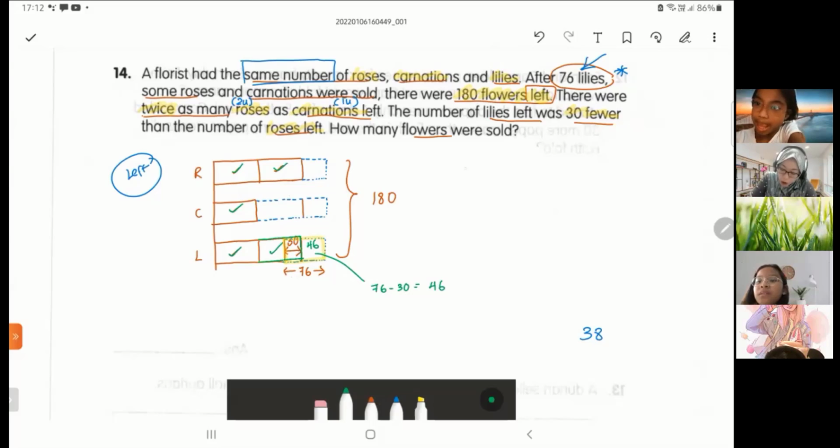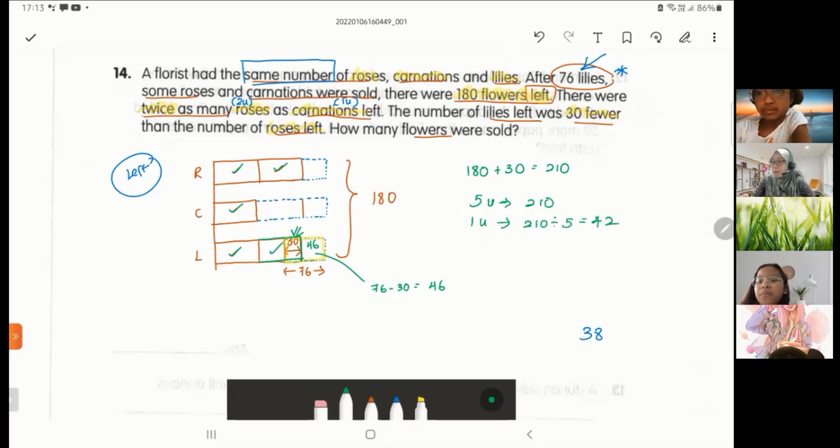So I take 180 plus my 30. I must add in my 30. Equals to 210. This will be my 5 units. 5 equal parts is 210. 1 unit is 210 divided by 5 equals to 42.